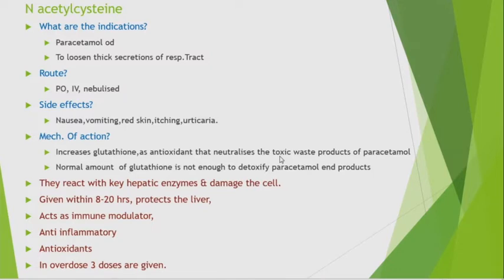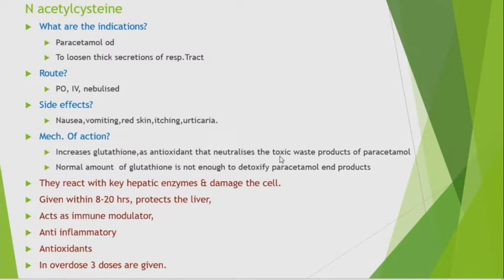And you have to give it early, within 8 to 20 hours, to protect the liver. Because that is the most important side effect of paracetamol poisoning. One of the indications for liver transplantation may be paracetamol poisoning. It can also act as an immune modulator.